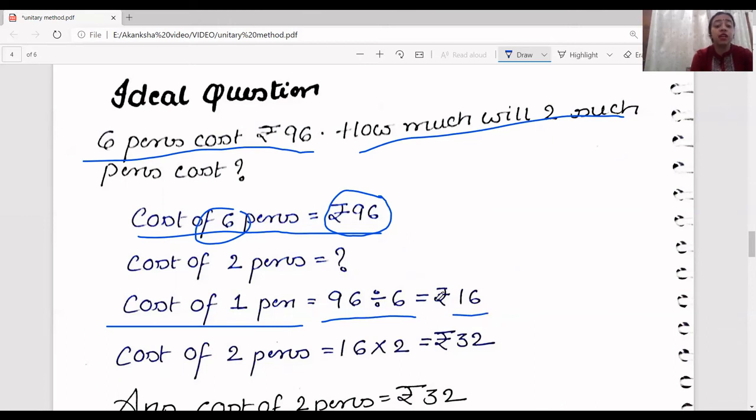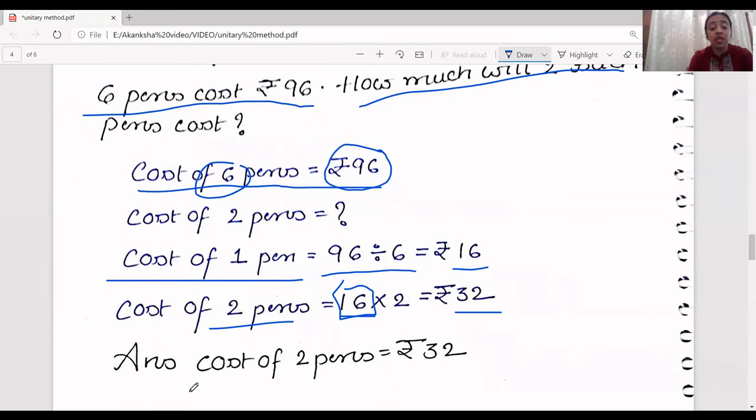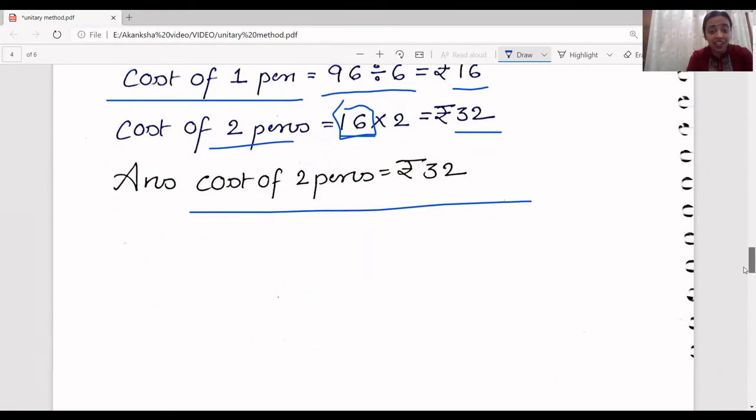So the cost of 1 pen is 16 rupees. Now the cost of 1 pen is 16 rupees and you have to calculate the cost of 2 pens. So 2 pens will cost 2 into the unit price. The unit price is 16. So 2 into 16 is 32. Therefore, the cost of 2 pens is 32. I hope you're clear.